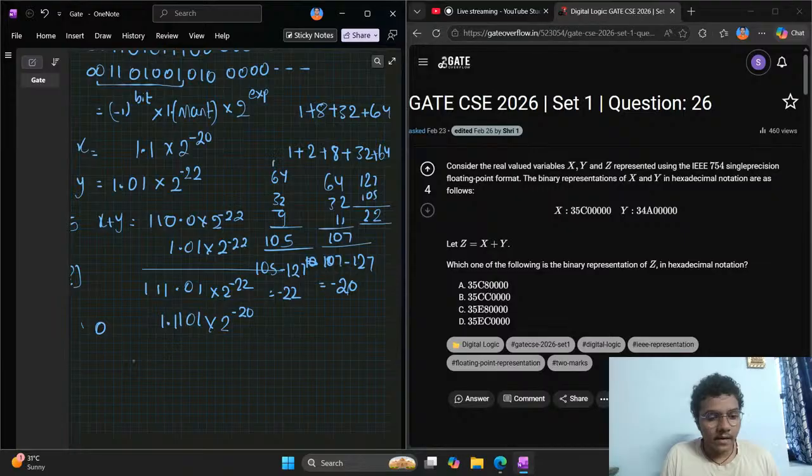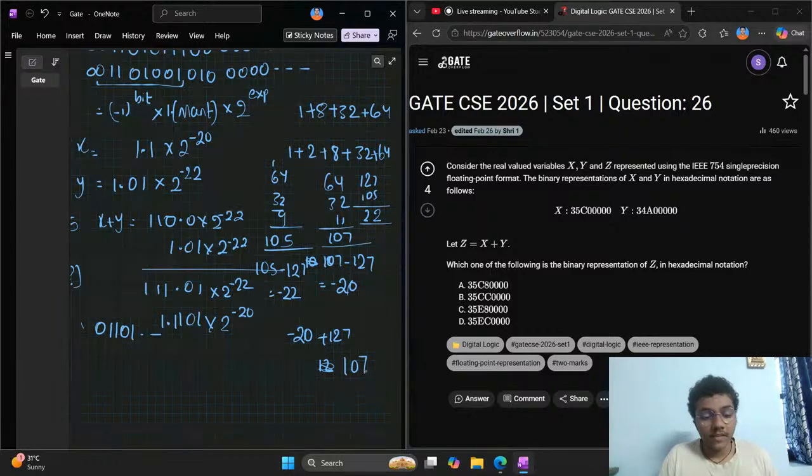And mantissa is 1101 something, and exponent, right? Minus 20 is an unbiased exponent, and I guess you need to add 127 to this. 107. Yeah, I guess it is.